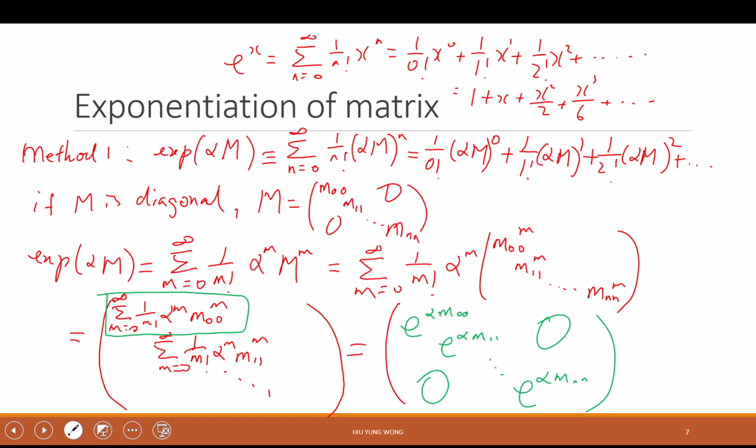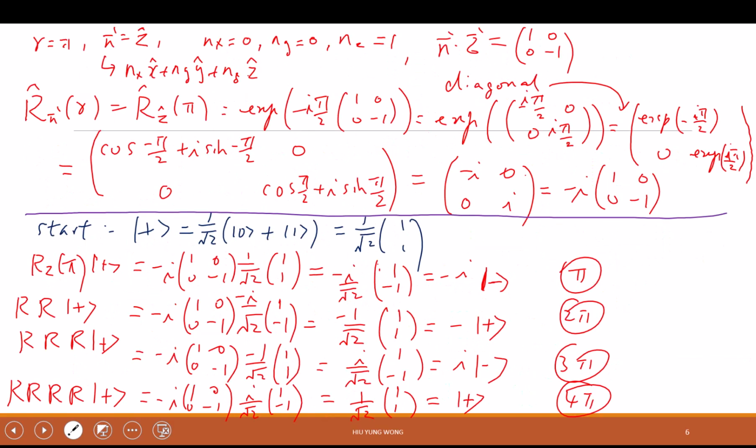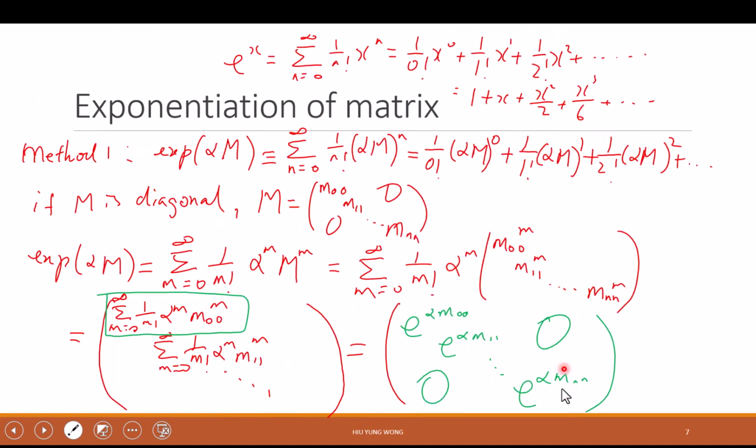And that proves why I can do this, because here I have a diagonal matrix. I exponentiate it, I just exponentiate each of the elements. So here I obviously missed the 0.